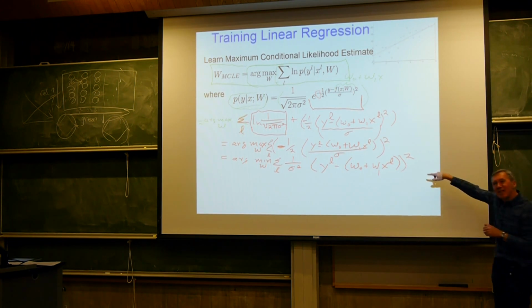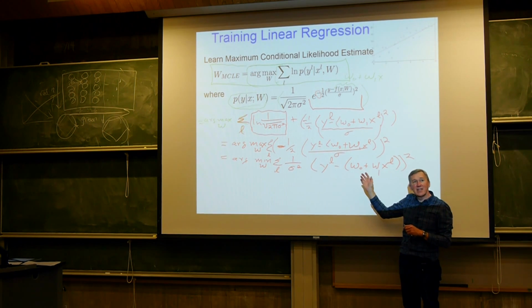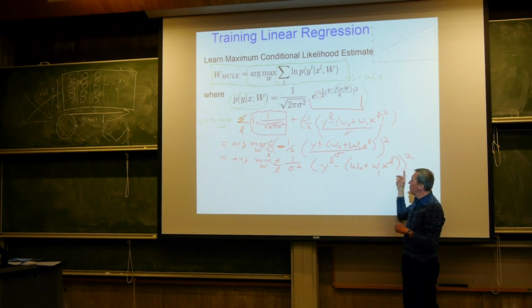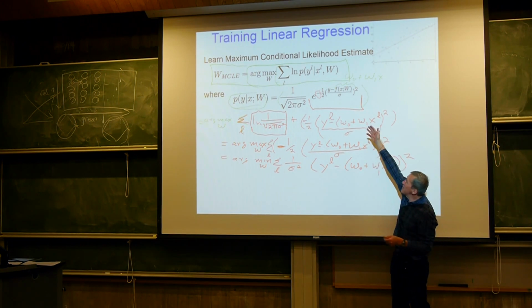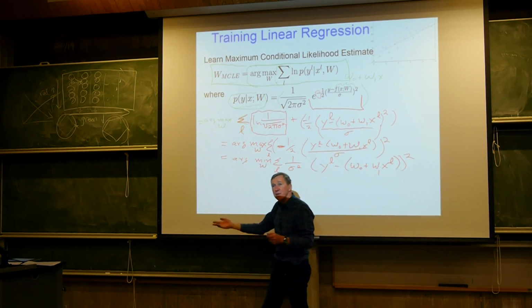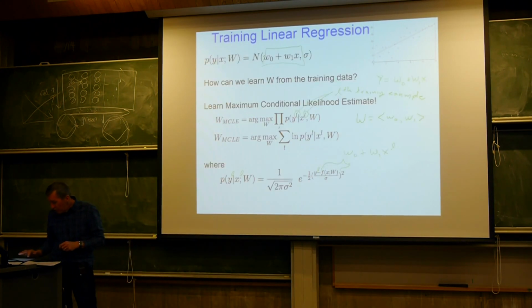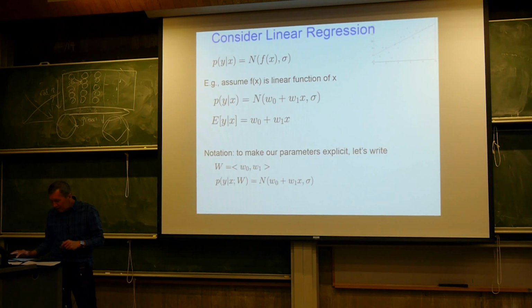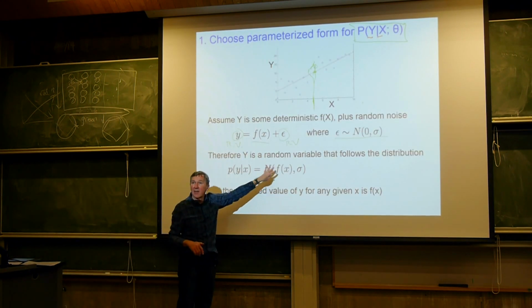But here you can see that, in fact, a good justification for that is that minimizing the sum of squared errors is identical to maximizing the conditional likelihood of the observed y's given the observed x's under this pretty reasonable probabilistic model that we're assuming here.